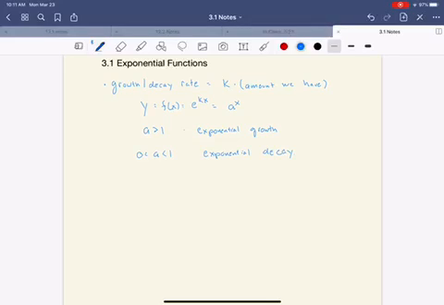All right, and a is always bigger than 0. And we don't consider a being equal to 1.